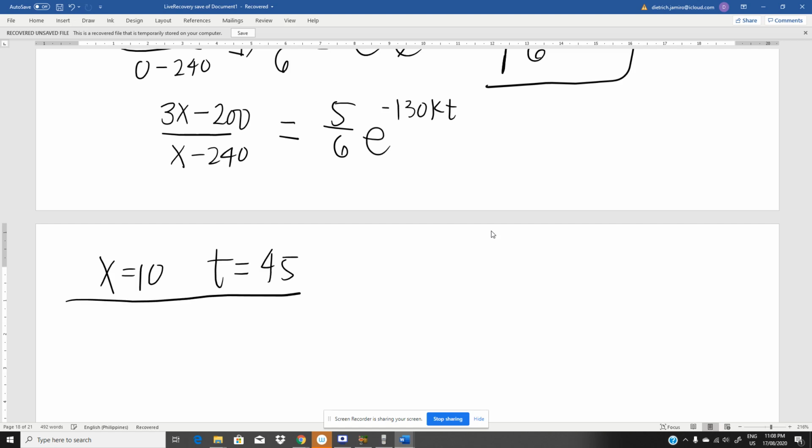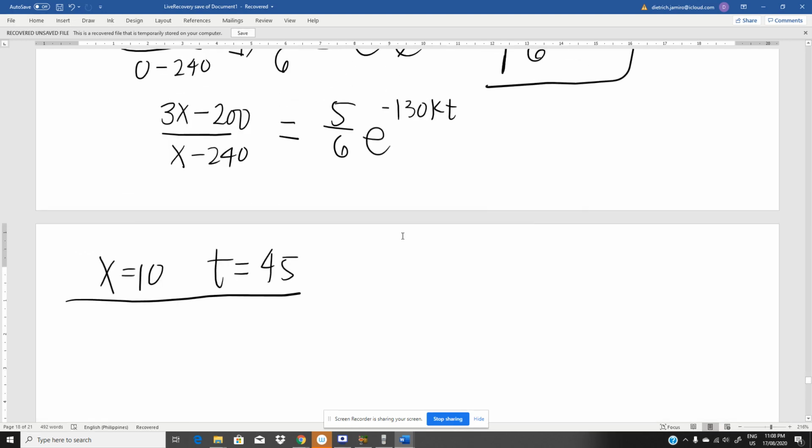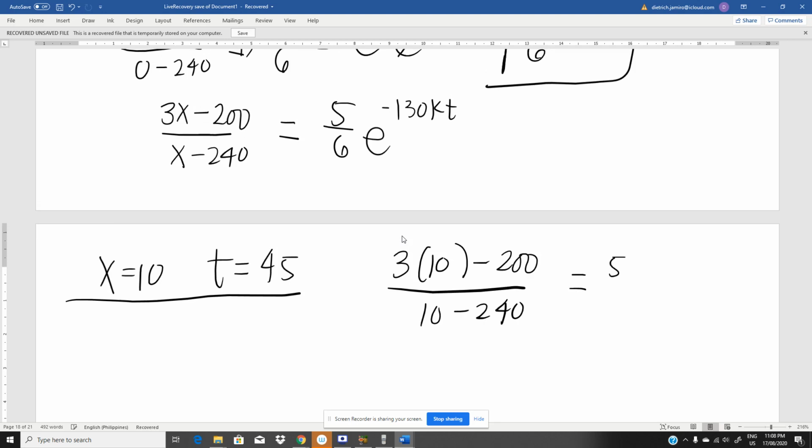Substituting this, we could find the value of k. We will have 3 times 10 minus 200 all over 10 minus 240 is equal to 5 over 6 exponential of negative 130 multiplied by k multiplied by 45 minutes.